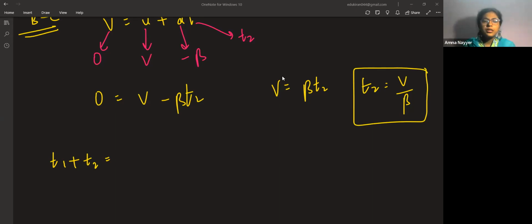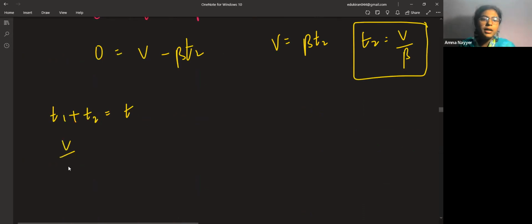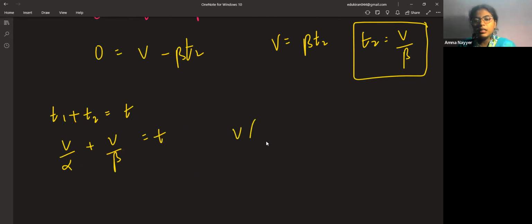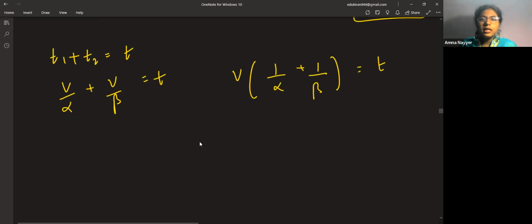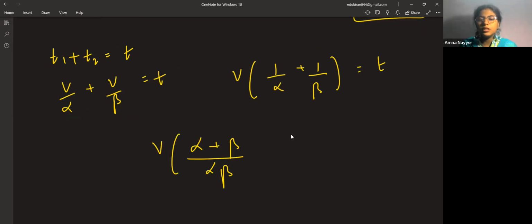So T1 plus T2 is equal to T. So V by alpha plus V by beta is equal to T. Take V common: V times 1 by alpha plus 1 by beta is equal to T. Take their LCM: V times alpha plus beta divided by alpha beta is equal to T.